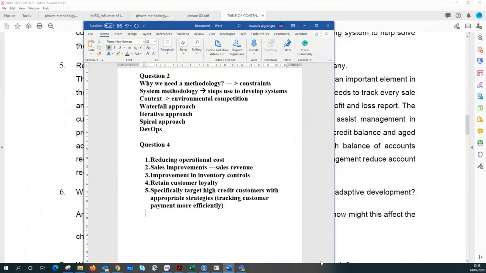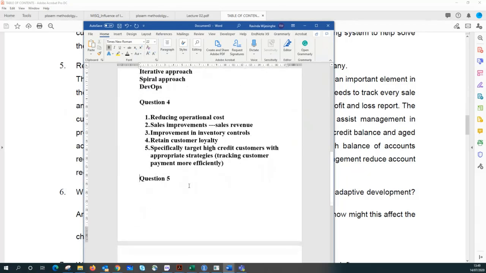So let's write the system capabilities. This is the answer to question 5. What are the system capabilities that we need?